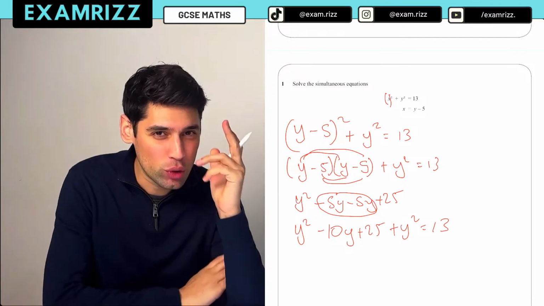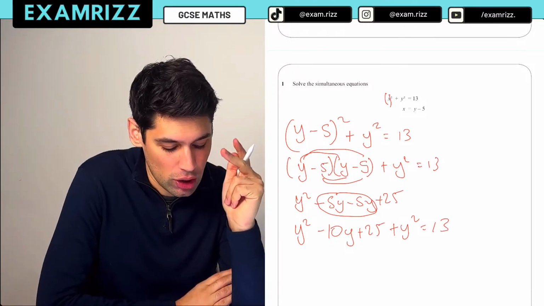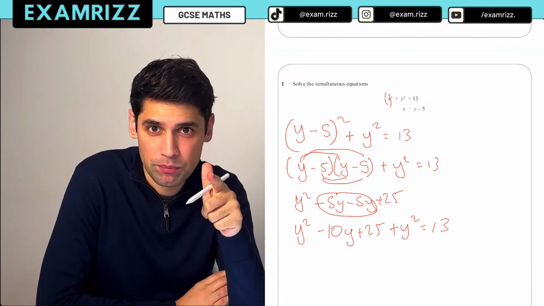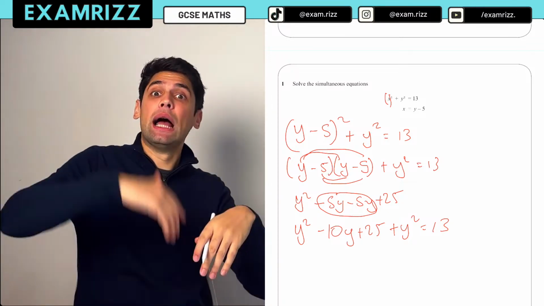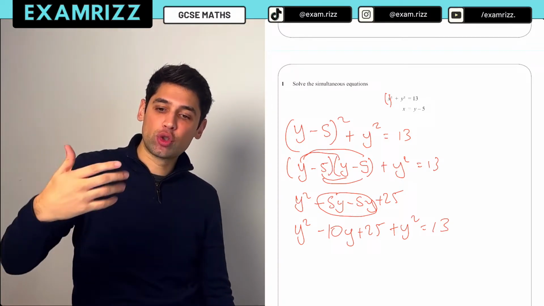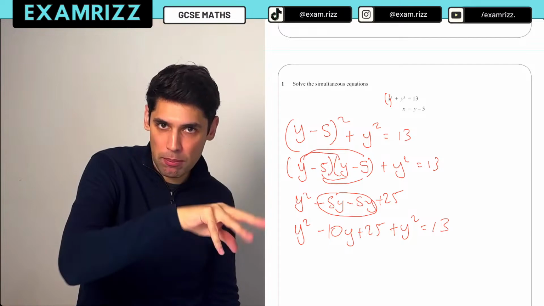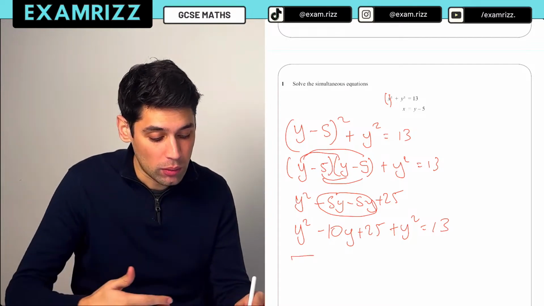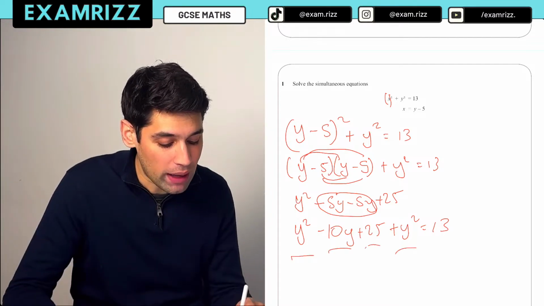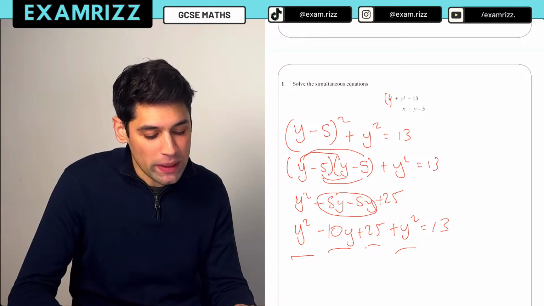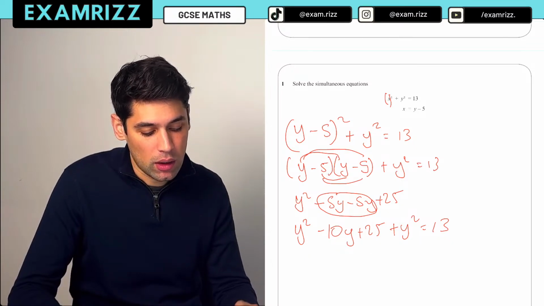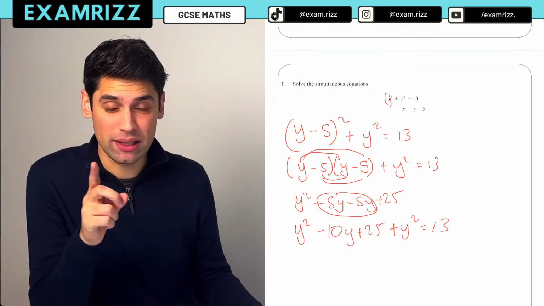And I'd like to think you can spot at this stage that it's going to be a quadratic. When I say a quadratic, I mean something that has the structure x squared, x number. Here we've got a couple of y squareds, we've got a y, and we've got some numbers. Because we have all those things, we should notice it's going to be a quadratic.